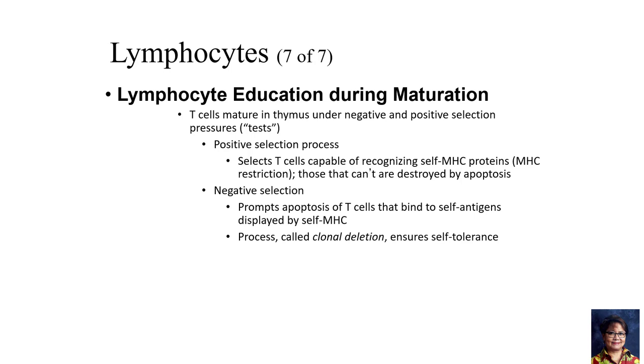This is something that should not happen, which means, guys, you should be able to recognize self. But when you recognize a self antigen that is displayed by a self MHC, then you are going to be killed. That is the negative selection, and this process is what you call clonal deletion. This particular negative selection is clonal deletion.